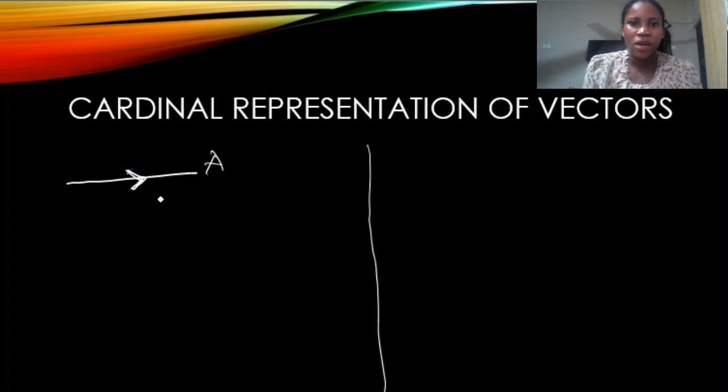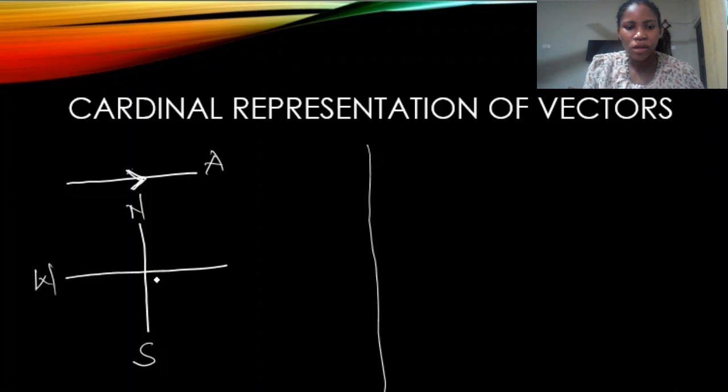Today we are looking at the cardinal representation of vectors, where we break down how vectors can be represented on cardinal points. Taking the cardinal points, we have the north, the south, the west, and the east.